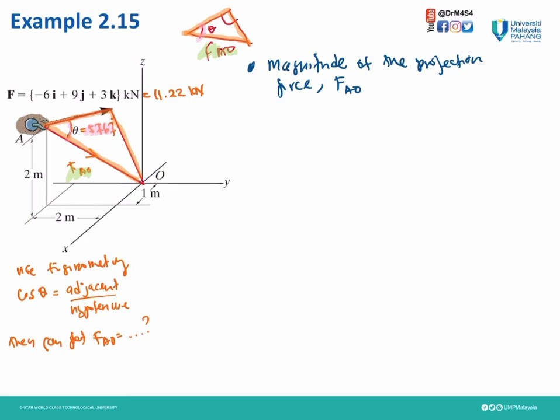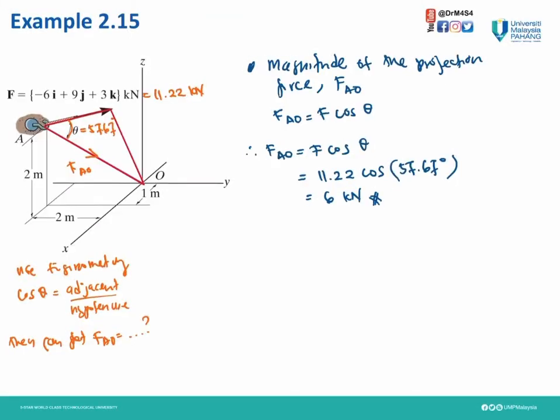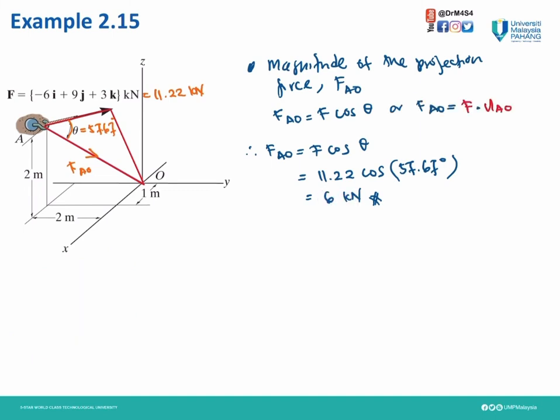We take cos theta, then we can find FAO. So our FAO is F cos theta. FAO is 6 kilonewton.